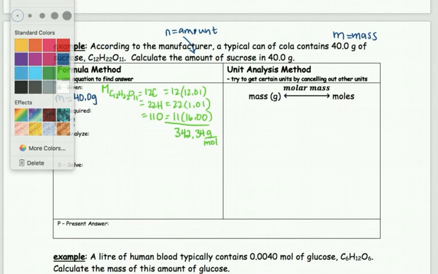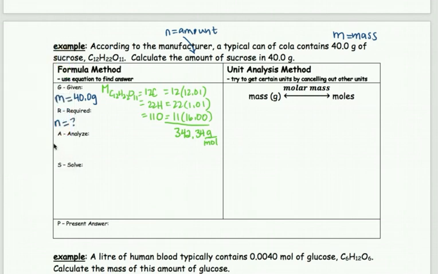Okay, so we need a formula here. Okay, so n, amount, is always mass over molar mass. Keep saying those in your head so you get the letters memorized, okay? Otherwise, if it helps, just write amount equals mass over molar mass in words. All right, from there, let's solve it. Let's plug everything in that we know.